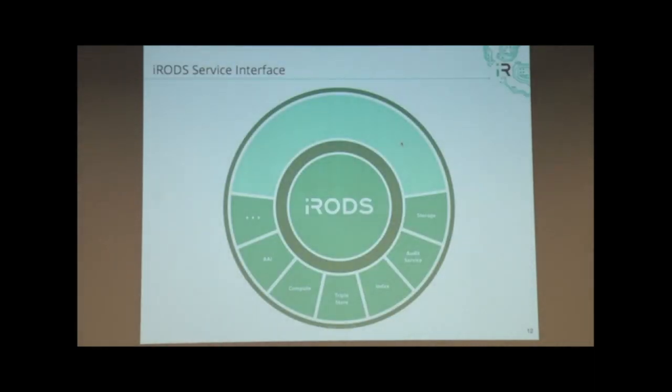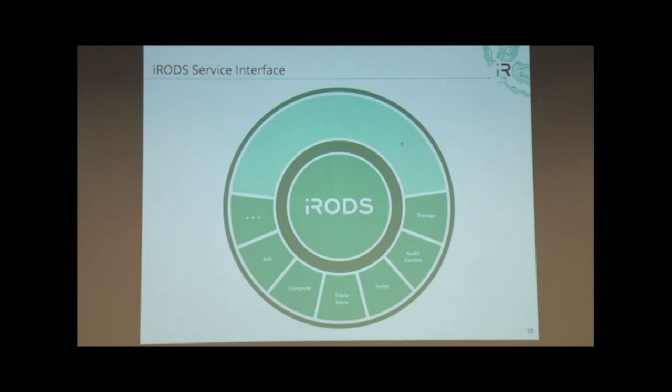So we like to think of iRODS as an interface layer to your storage, to your audit services, your indexing services, your metadata, your compute resources, your authentication resources. It's very easy within iRODS; storage is kind of built in with different storage plugins.